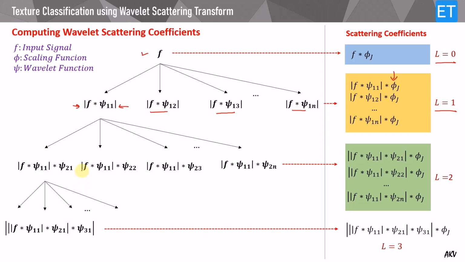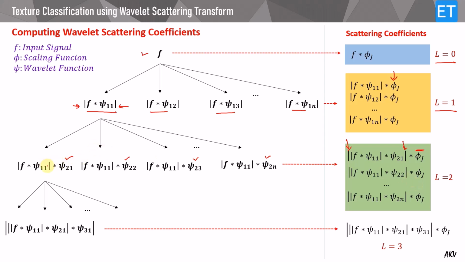Now at level 2, we take one set of wavelet coefficients at level 1. Then we convolve these coefficients with all the wavelets of different frequencies. Then we find the mod operation, right? And then we convolve them with a scaling function phi.